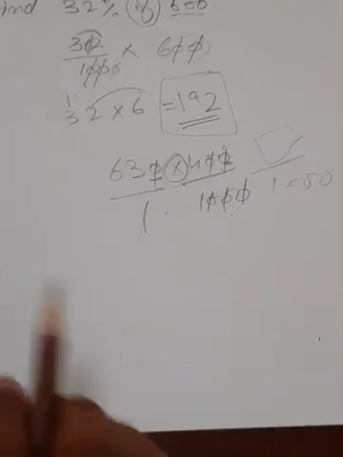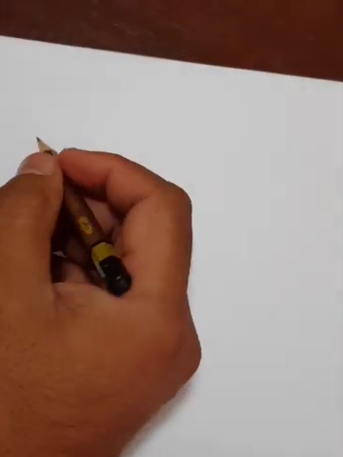Now I'm going to give you the other method, which is partitioning percentages. This means that I will first figure out the 10% of a number. So here I will mention this as partitioning percentages.